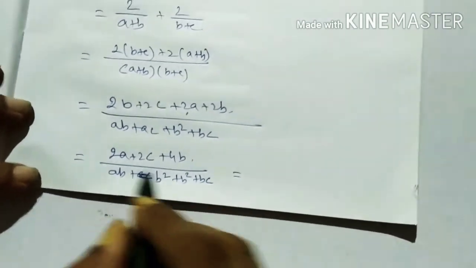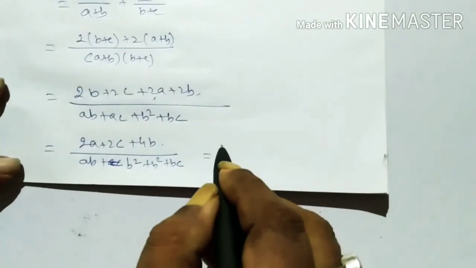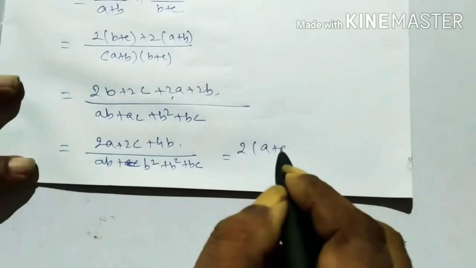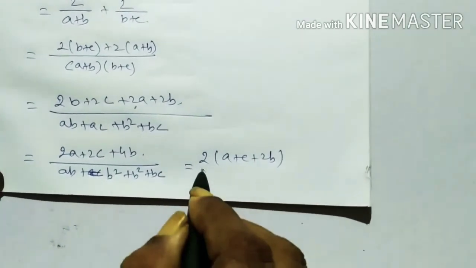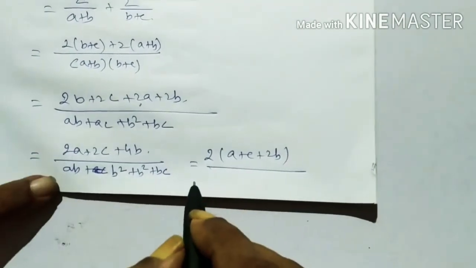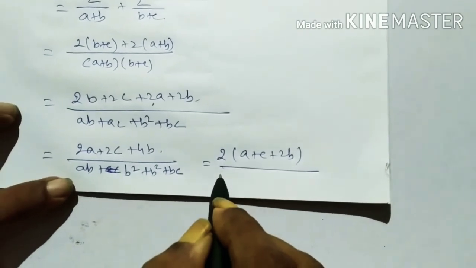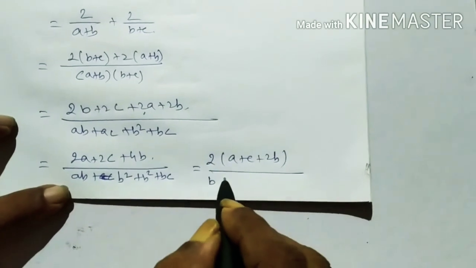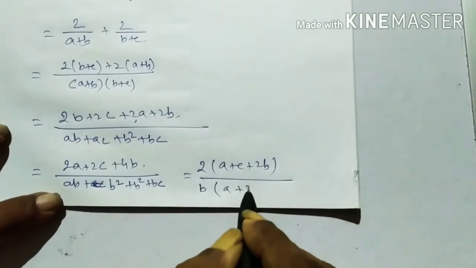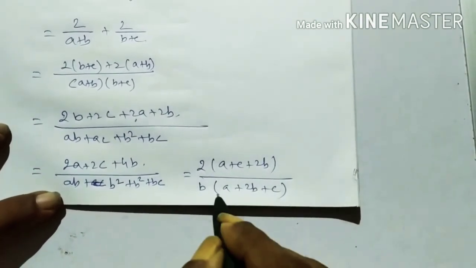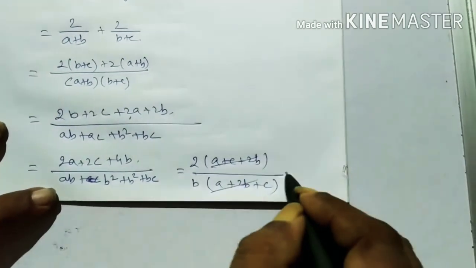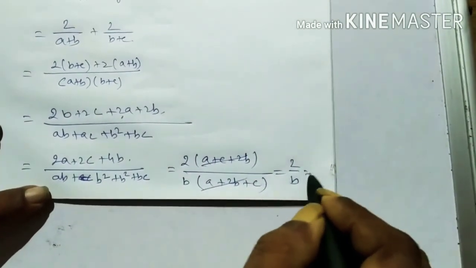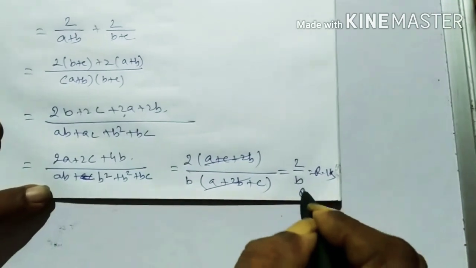Here above, the numerator will be 2 common, A plus C plus 2B, and in the denominator you can see B is common. So this will be A plus 2B plus C. This and this cancel out, and this equals 2 by B, the right hand side. Proved.